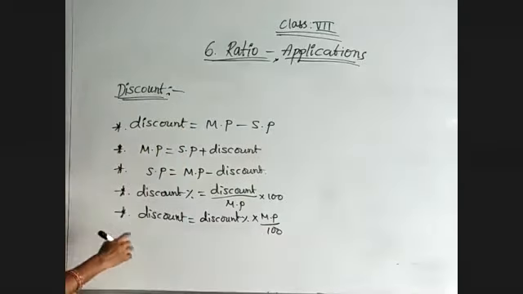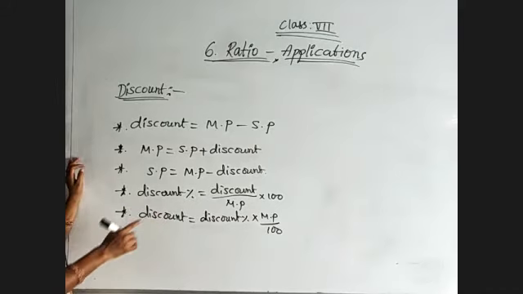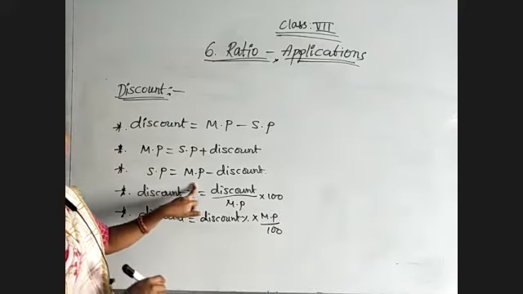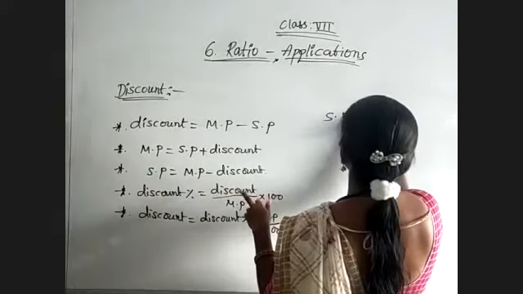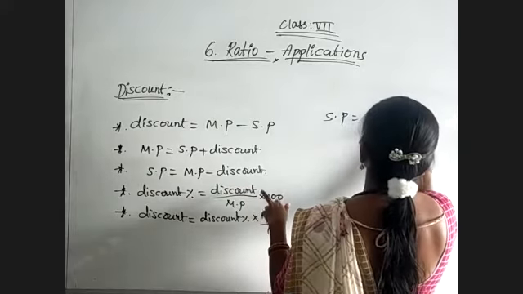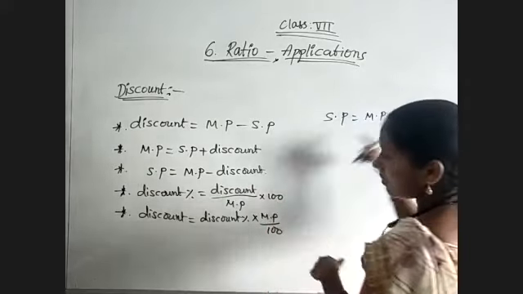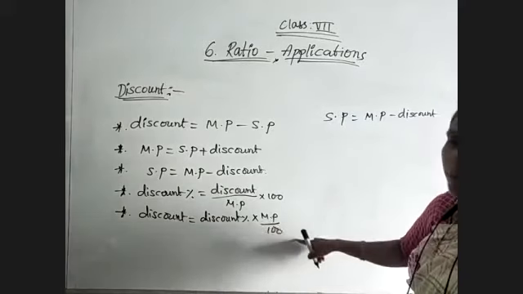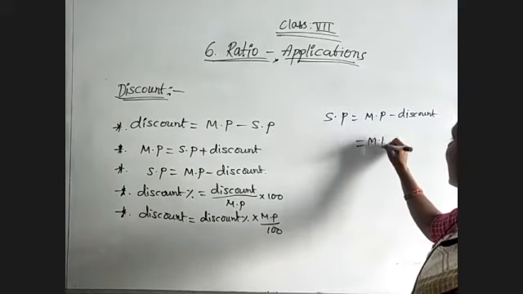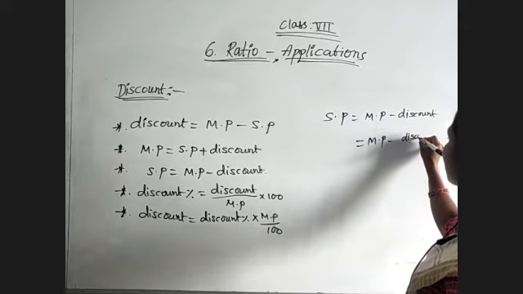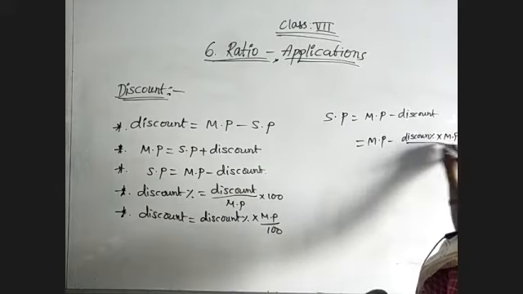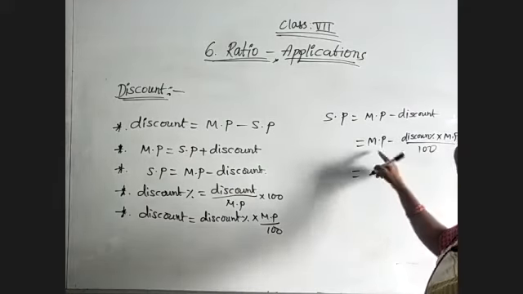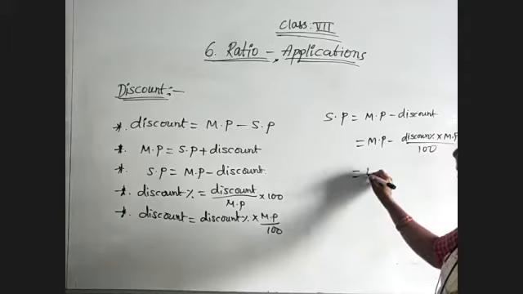And now we will write the formula for SP in terms of MP. Just we will see SP is equal to MP minus discount. And discount is nothing but discount percentage of MP by 100. MP minus discount percentage of MP by 100, which will be equal to MP, common in both the terms, take outside.